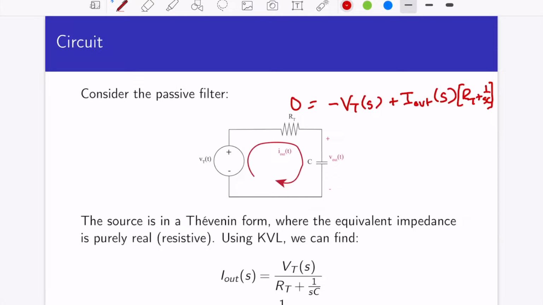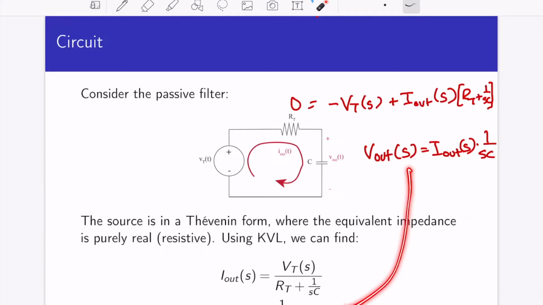We can rearrange this equation to get I out of S is equal to V T of S over R T plus 1 over SC. We can also use Ohm's law to write V out of S is equal to I out of S times 1 over SC. And that's the second equation here.